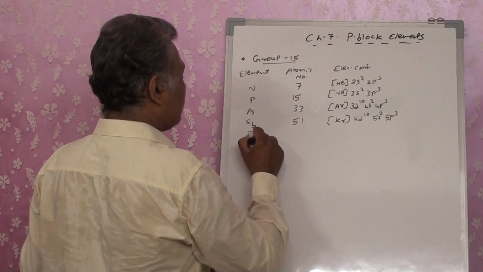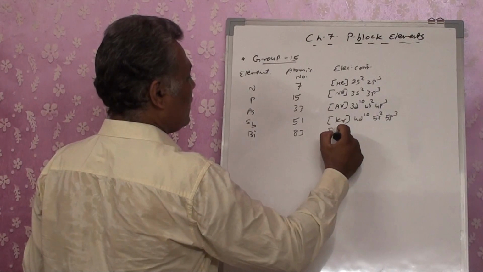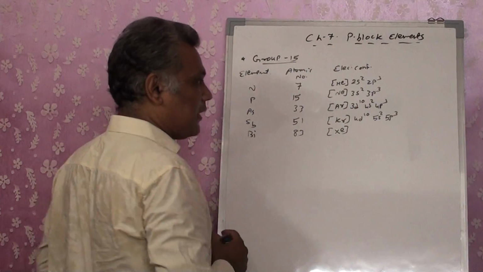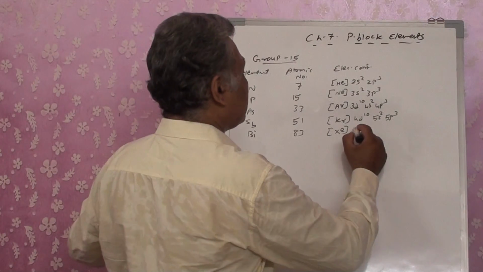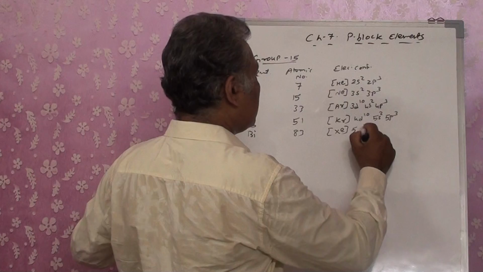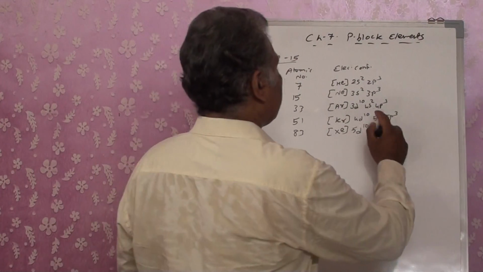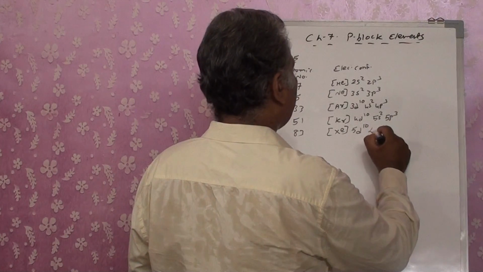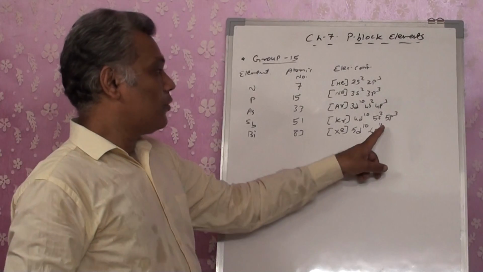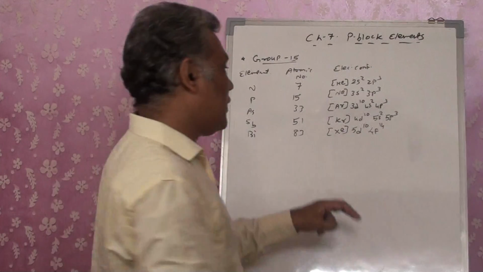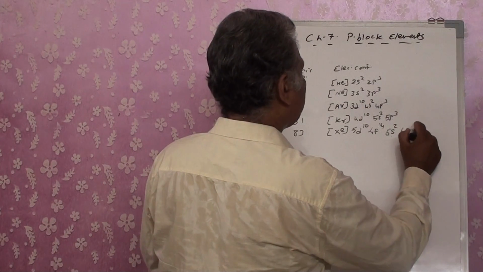Then bismuth with 83, where we will have xenon, that means 54. After that, 5d10, 54 plus 10 is 64, 64 plus 4f14 is 78, 78 plus 6s2, 6p3.